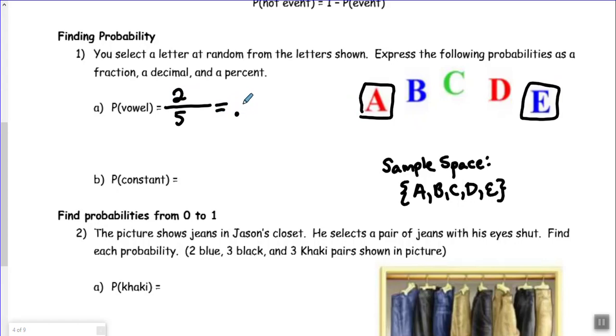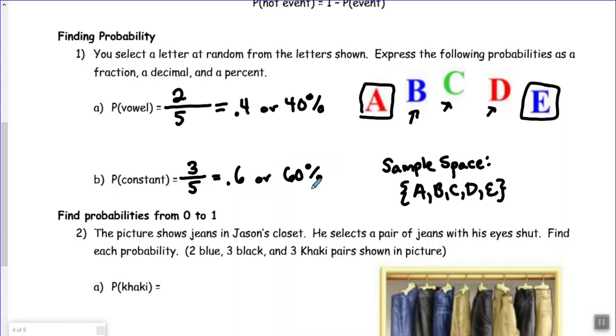The decimal is 0.4, and the percent is 40%. Okay? Now the consonants, well, the consonants are going to be the other letters, B, C, and D. It looks like there are 3 of them. So that will give us 0.6, or 60%. Okay?